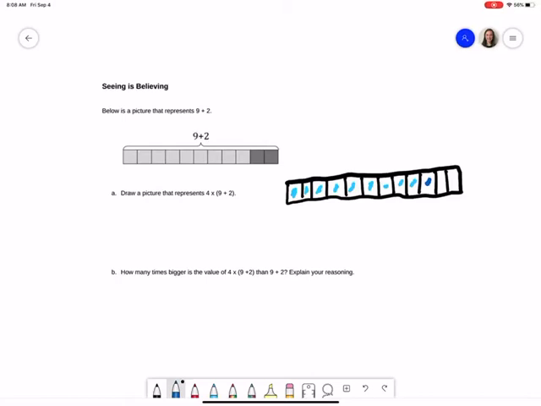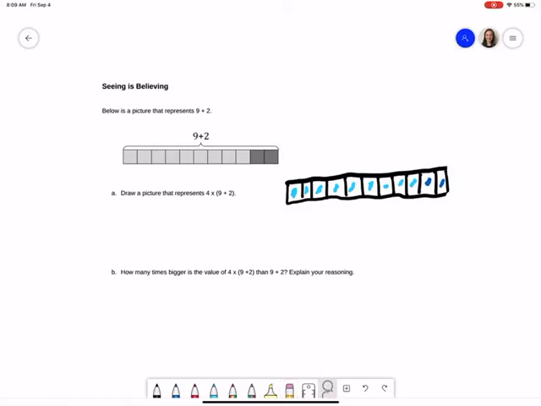Okay, so I did 1 too many. We'll erase that. Okay, so I did exactly what they did. I just did it again. Okay, so this is the same thing as saying 9 plus 2, which we know equals 12, so there are 12 boxes there.